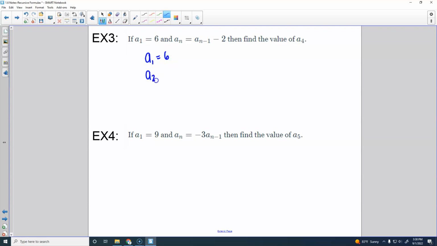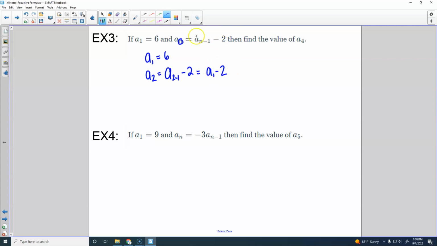A sub 2 then should be, if we use our formula here and we put 2's right here for our n's, I'm going to do this just only on this first one. It means a sub 2 minus 1 minus 2. So, of course, 2 minus 1 is just 1, so it's a sub 1 minus 2.